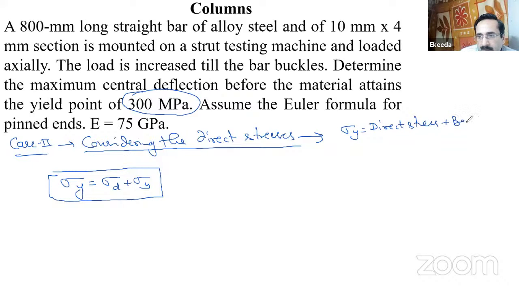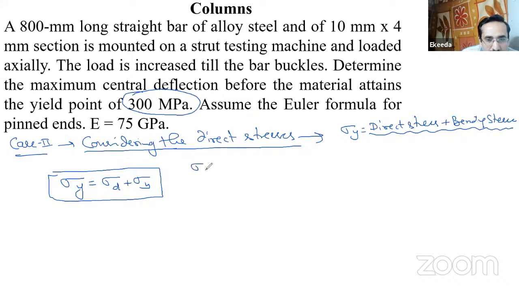Because direct stresses are compressive and bending stresses are compressive on one side and tensile on the other side, right? So these compressive stresses will add up. So failure will take place at the addition of these two stresses.